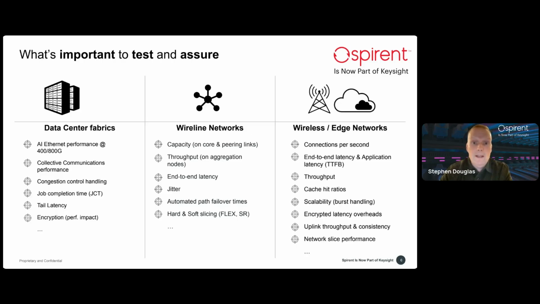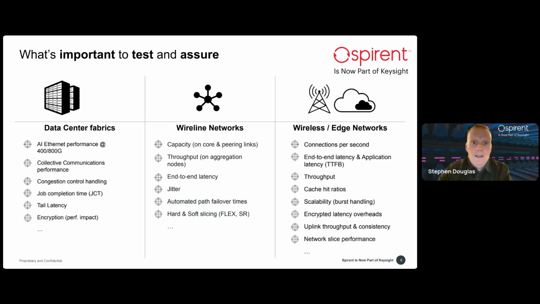As for the wireless and edge networks, there's a number of areas which are critical to test. You're talking about testing the connections per second to ensure that rapid session setups are supported, that application latency is delivered, and that throughput, cache hit ratios, and burst handling can be supported.